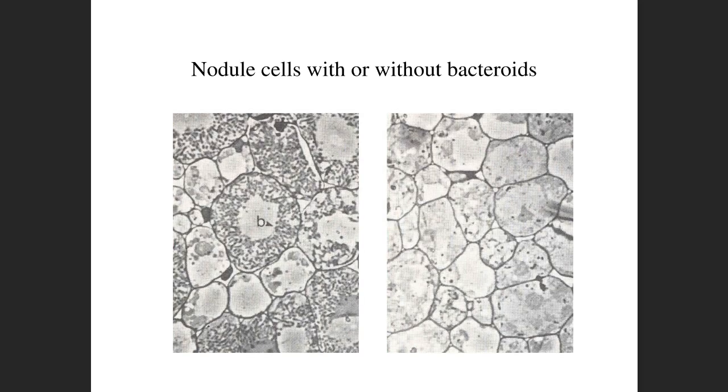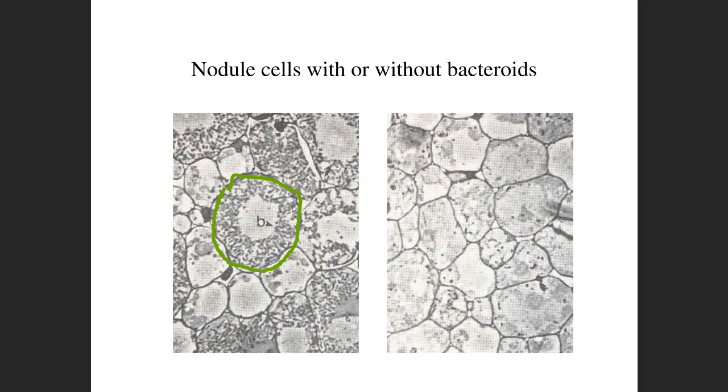Then inside these nodules, these are the plant cells, individual plant cells. And these are the bacteria that turn into bacteroids, which are specialized. You can see the bacteroids.